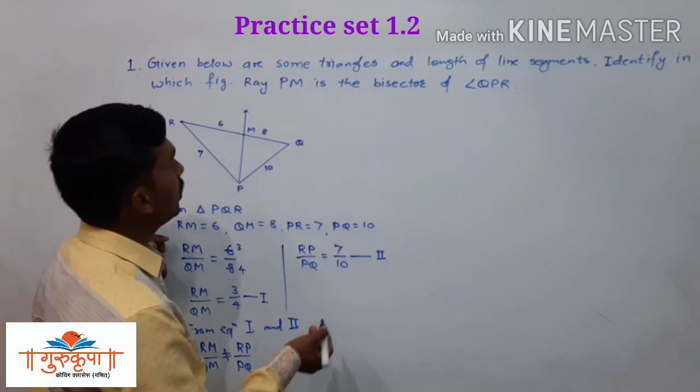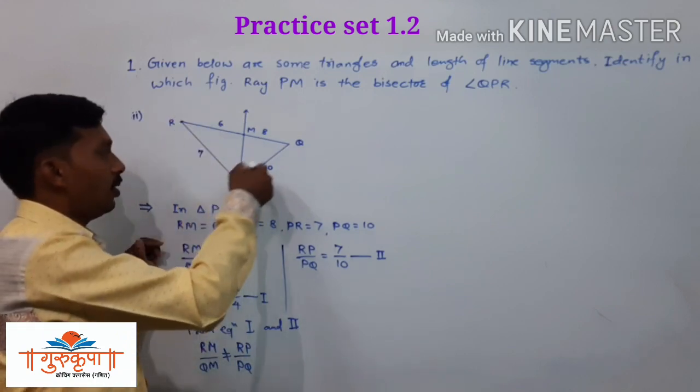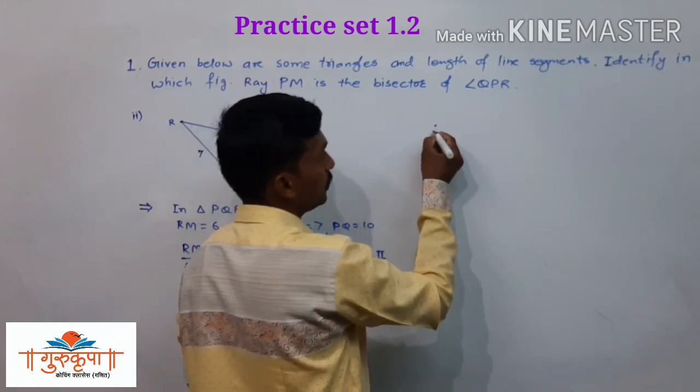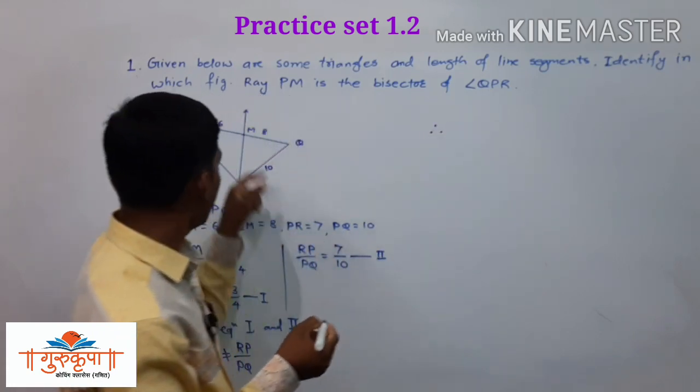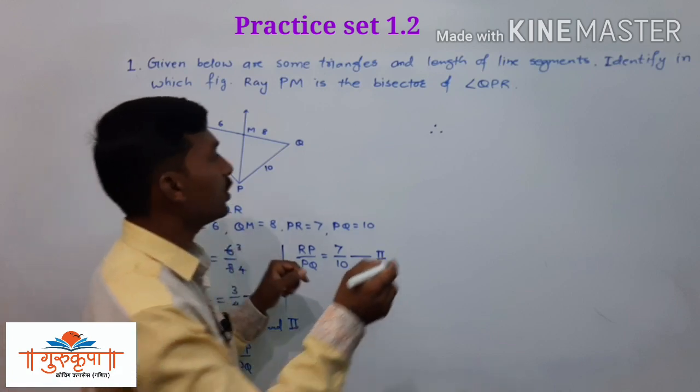So you can write, therefore, PM is not the angle bisector of angle QPR.